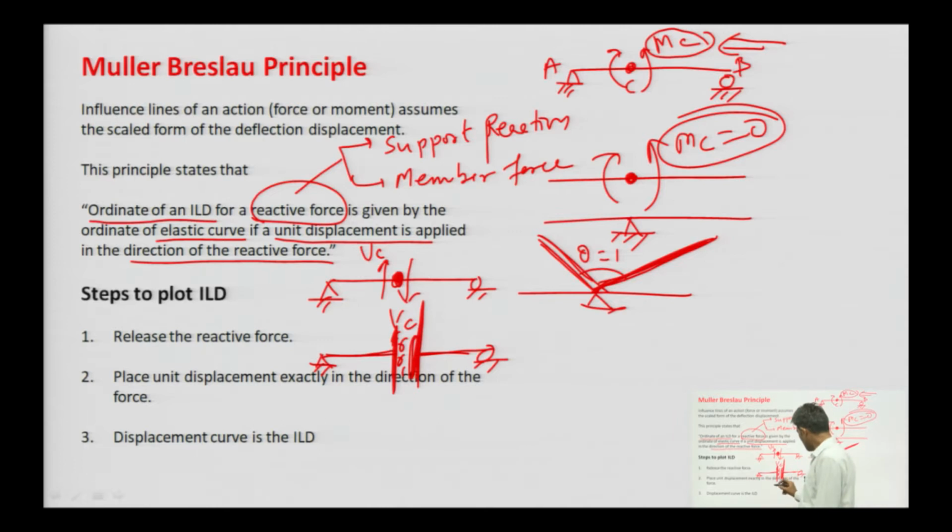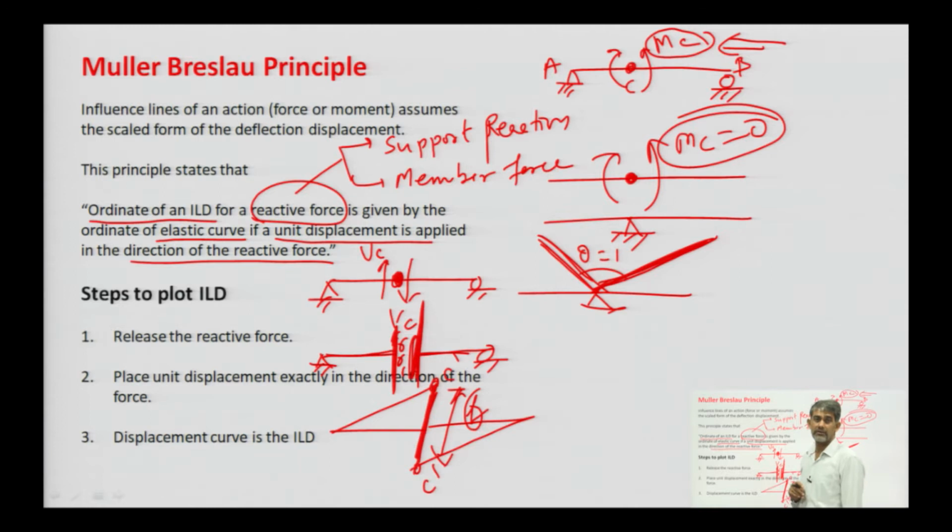So, unit displacement can be provided. If it goes in this direction, the total distance will be 1, between point C dash and C double dash. This is the unit displacement in case of shear.